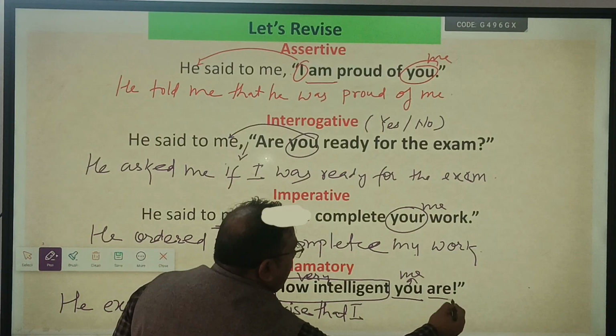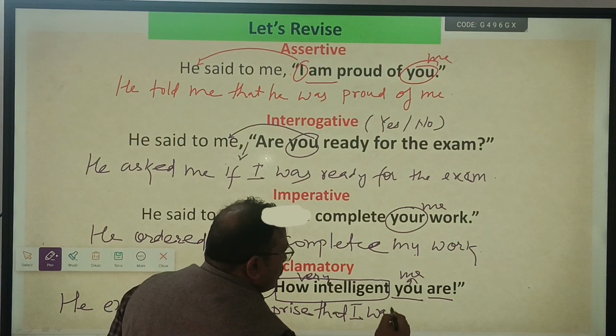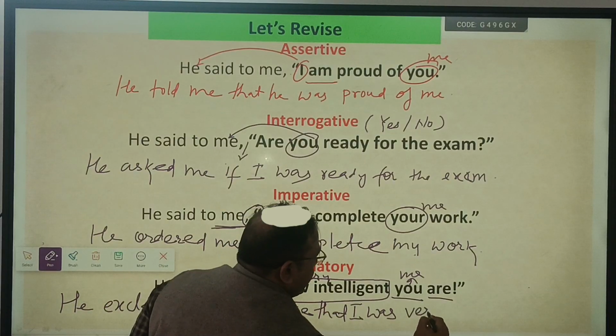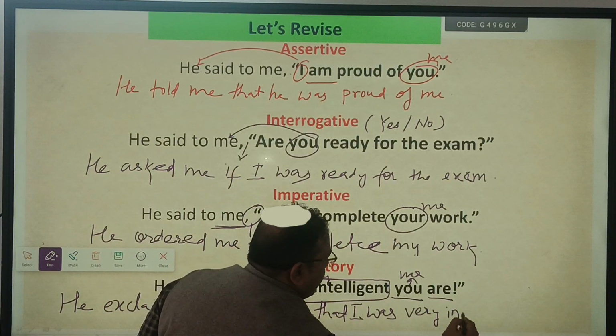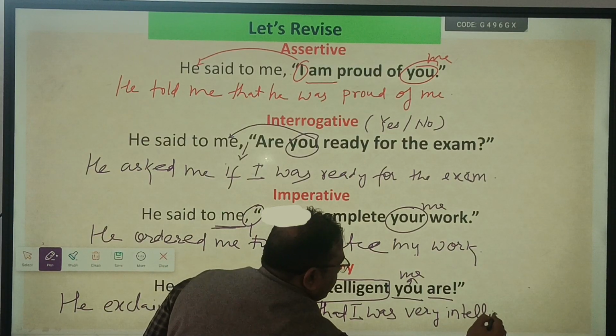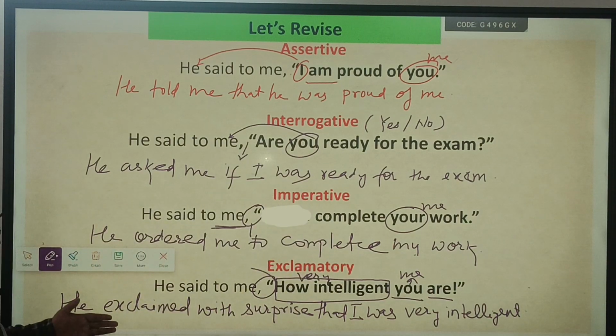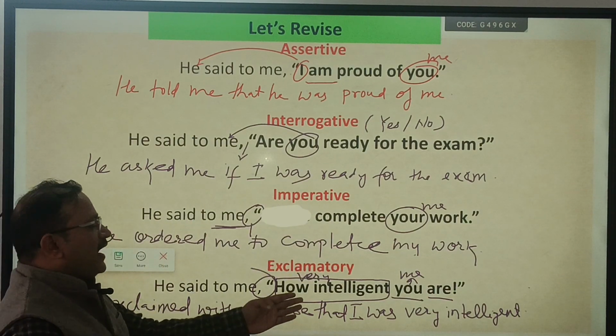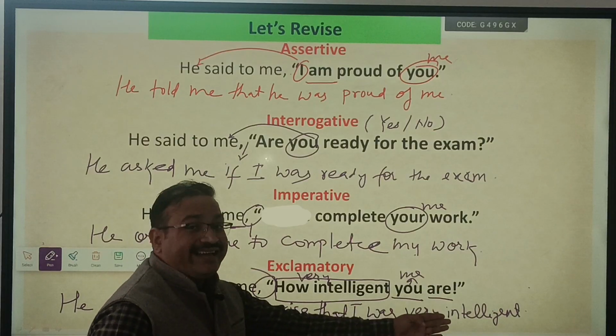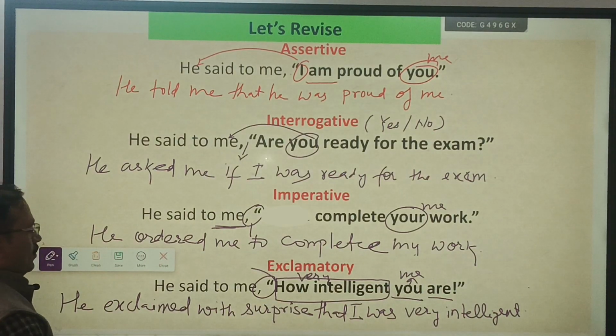I. "Are" will change into "was very intelligent." He exclaimed with surprise that I was very intelligent.